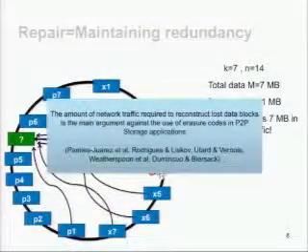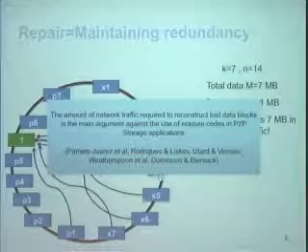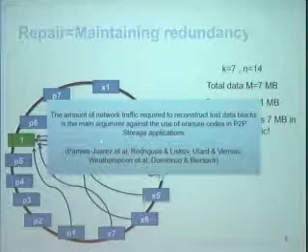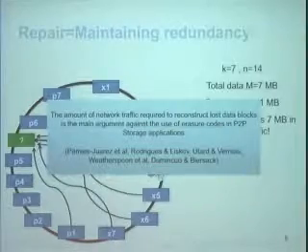So this is the punchline: the amount of network traffic required to reconstruct one lost data block was the main argument against using erasure codes in peer-to-peer storage systems. Several studies have pointed out that this is a big problem. When you use codes as a black box, repairing one failure requires all the data to be present.